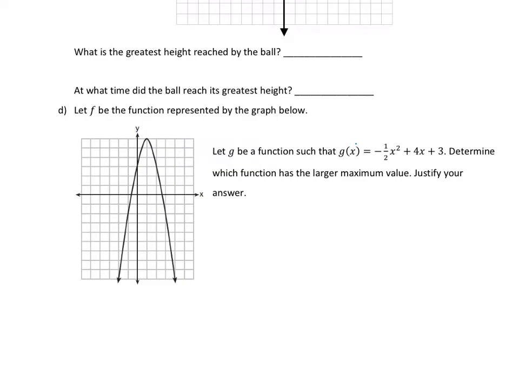Let f be the function represented by the graph below. So the graph, this is f, function f. Let g be the function such that g of x equals negative 1/2 x squared plus 4x plus 3. So we have two functions, one that's graphed and one that we have an equation for. Determine which function has the larger maximum value.